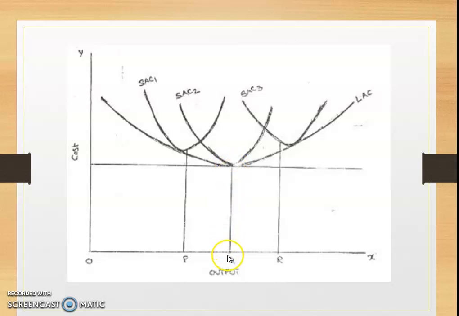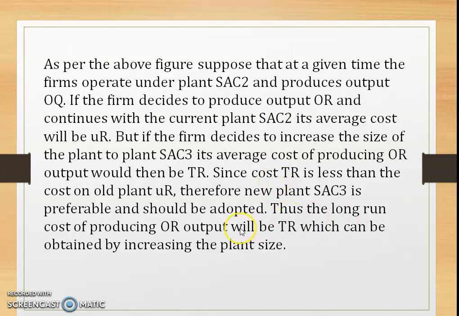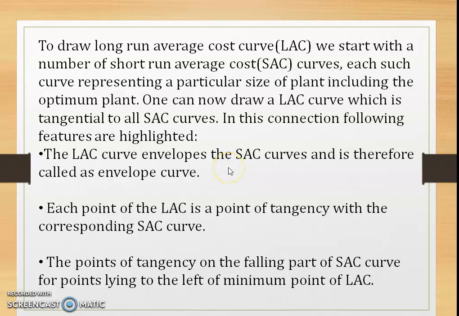But look at the quantity. The quantity is not that large; it's not for large-scale production. So as a producer, the firm will choose OR. The reason is that the quantity is more and a reasonable profit margin would be obtained. So the cost of producing OR would be TR, which can be obtained by increasing the plant size.